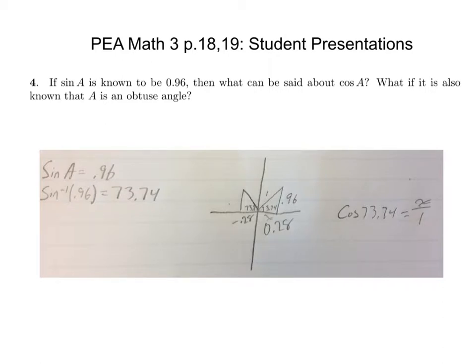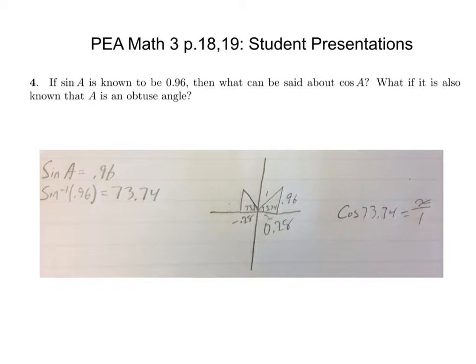If sine A is known to be 0.96, then what can be said about cosine A? What if it is also known that A is an obtuse angle? So to find the angle that is made by sine A equaling 0.96, I just did inverse sine right there and got 73.74. And then I plugged that into a triangle like it was a unit circle.